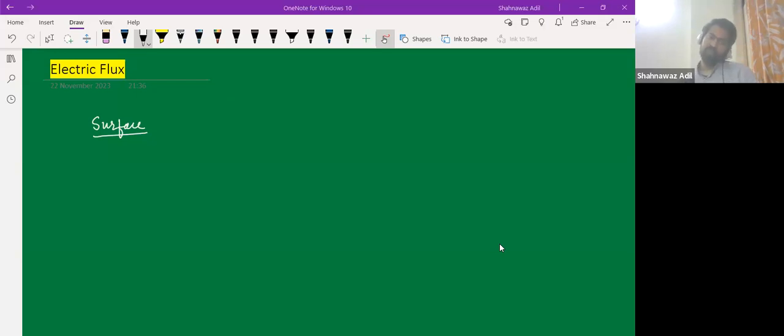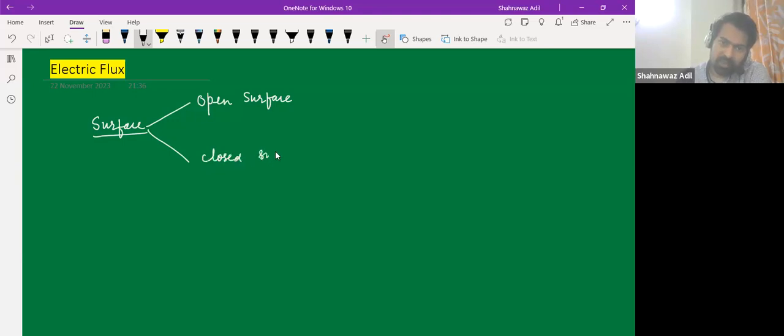Yes. So there are two kinds of surface. One is open surface, and the other one is closed surface. So your football, your cylinder, your whatever box, these are closed surfaces, right?